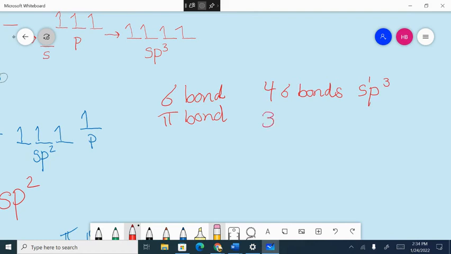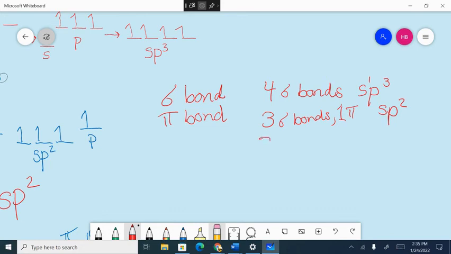If you have 3 sigma and 1 pi, this is sp2 hybridized, and that's your double bond.